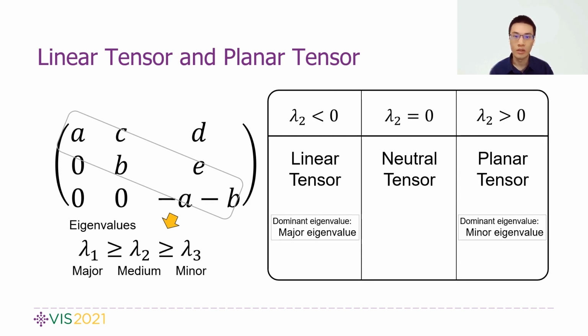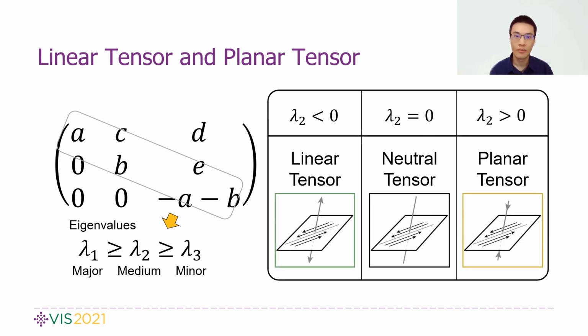In addition, a linear and planar tensor has the dominant eigenvalue as the major and minor eigenvalue, respectively. Based on these categories, we can classify degenerate tensors as being linear, planar, and neutral.